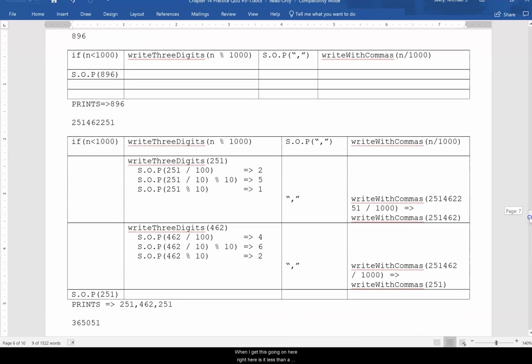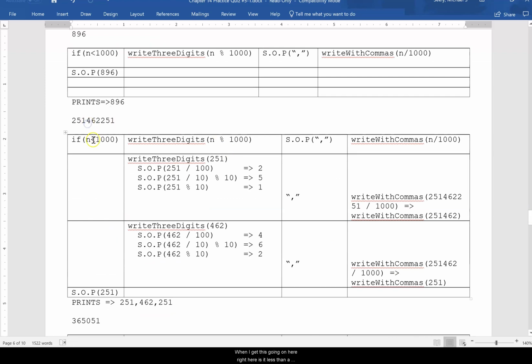When I get to this one, is it less than 1,000? No. So then we write our digits. So what do we do? We pass this in for 1,000. If we did this, this would give us 251 here.